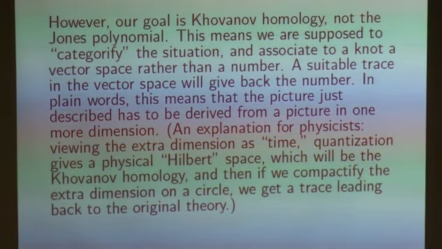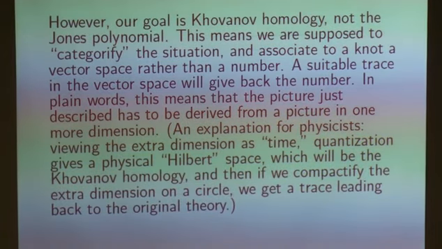If the extra dimension is time, and we magically had a 5-dimensional theory, where we had a time coordinate, and the reduction to the time-independent case is what we already talked about, then quantizing that 5-dimensional theory would give us a vector space, a space of physical states. And if we compactify the extra dimension on a circle, that amounts to taking a trace in the Hilbert space, this trace I wrote here.